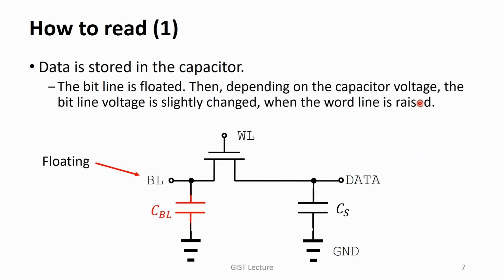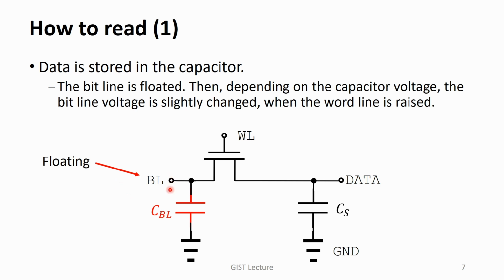How can you read the data stored in the capacitor? This time, the bit line is plotted. Depending on the capacitor voltage, the bit line voltage is slightly changed when the word line is raised. We must consider the capacitance of the bit line. When we considered the write operation, we didn't consider it because the bit line voltage was applied.